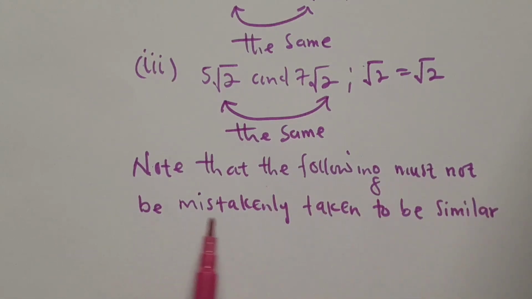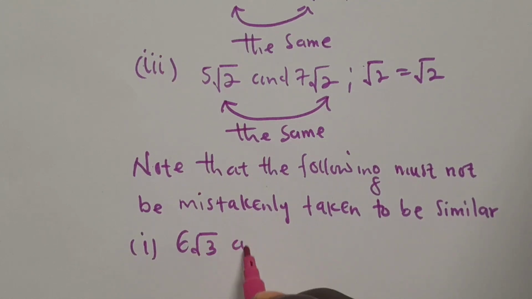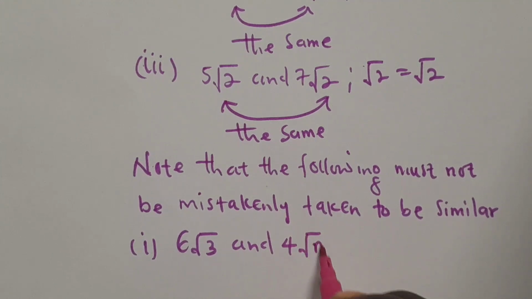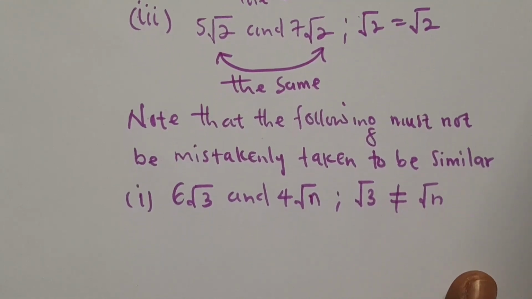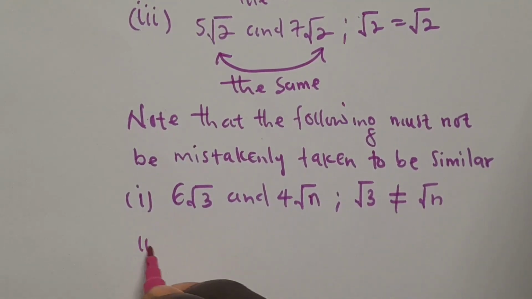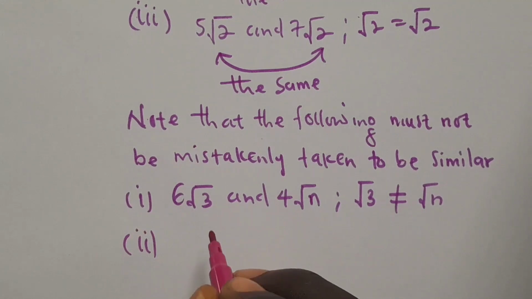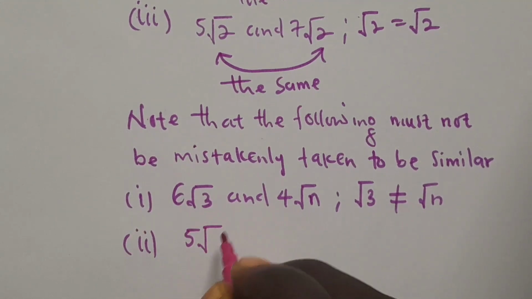Note that the following must not be mistakenly taken to be similar. The first one, where you have 6 square root of 3 and 4 square root of n. The irrational parts of these two surds are not the same, since square root of 3 does not equal square root of n, so they are not similar.